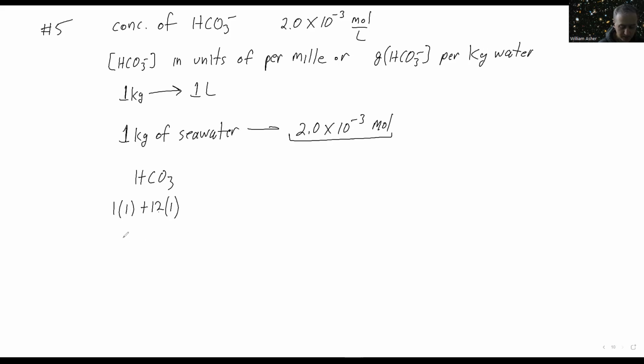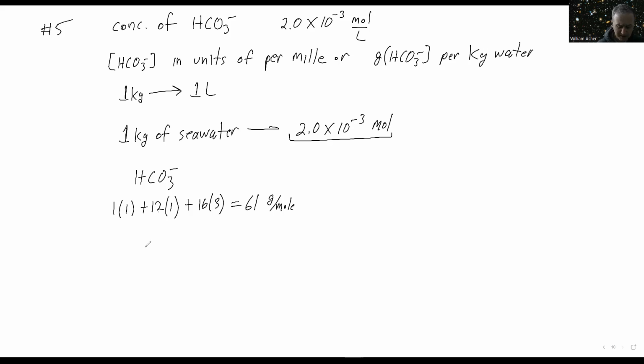There's 1 hydrogen atom, and then 12 plus 16 times 3, right? So this is 48, 60, and this all equals 61 grams per mole. So bicarbonate ion with a minus sign weighs 61 grams per mole, right?